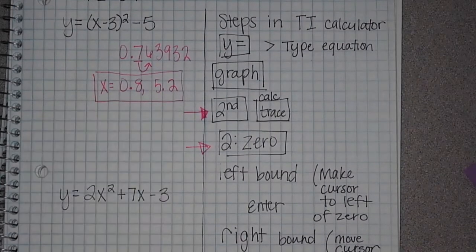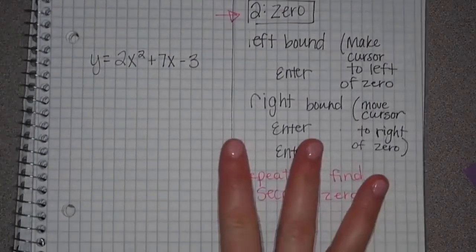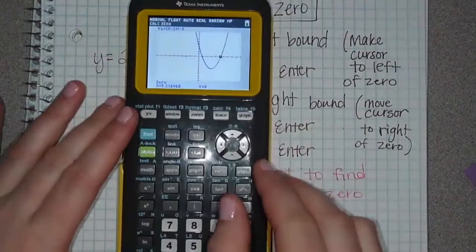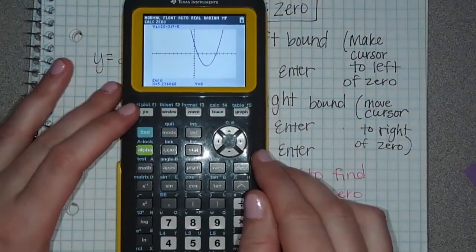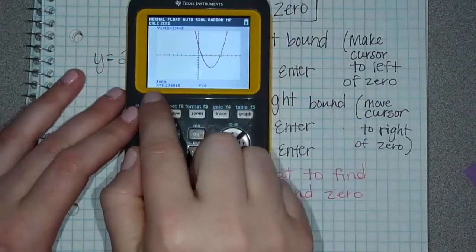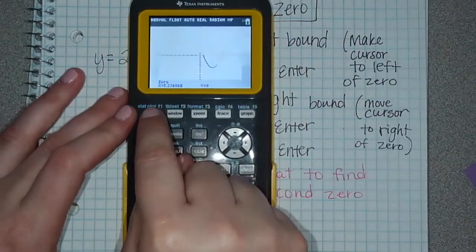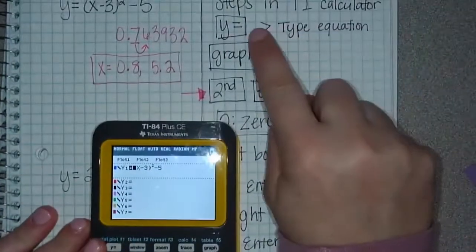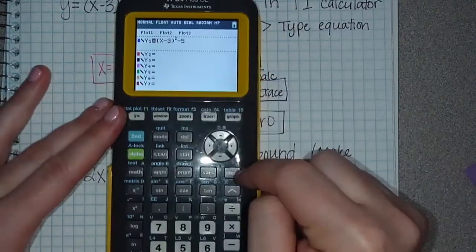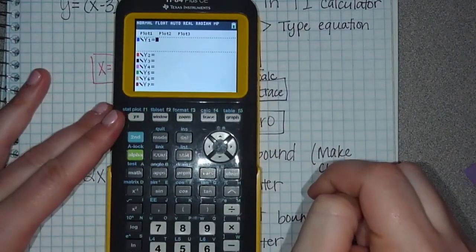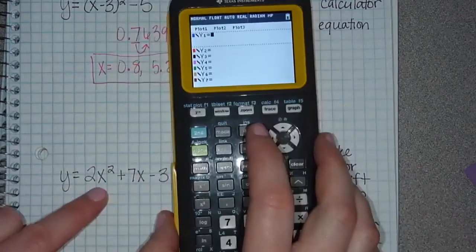Okay, so now let's try this equation right here. In order to change the graph, just hit Y= again. So go back up to the very beginning steps and you'll want to hit clear, and then type in this equation.